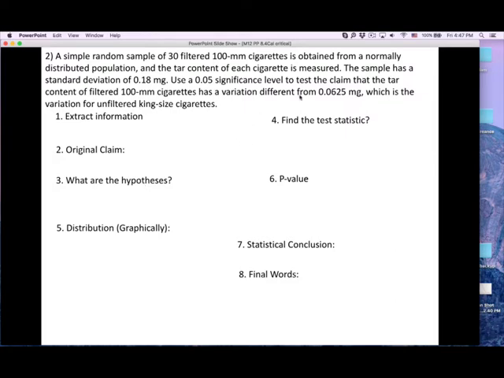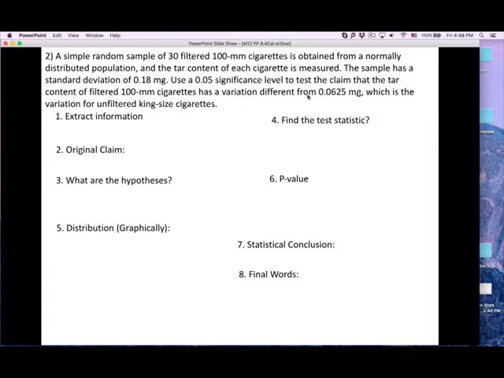My claim statement should be here: test the claim that the tar content of filter 100mm cigarettes has a variation different from 0.0625 milligram. Okay, so this is my claim statement.